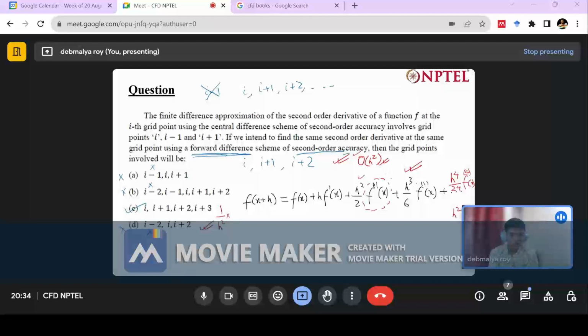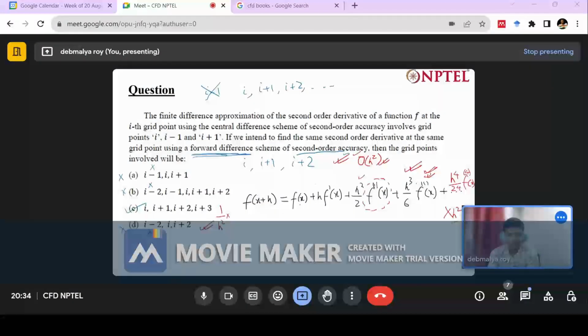So I have to work till my third order derivative term. I have to eliminate this term. Otherwise, my h square error term will only come in the fourth order derivative, because there I have h to the power 4, and when I divide by h square, that will be h square. So this I can eliminate, but till the third order derivative I have to consider.